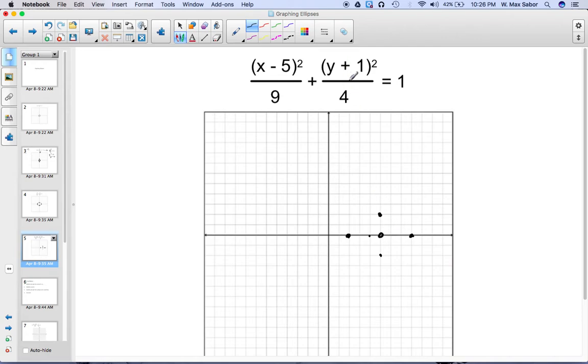But not even that, just that, because we have to move all of that down from the y plus 1. So 5, negative 1 is the center. That's what the negative 5 shifted it right. Positive 1 shifted it down. And now these 2 and these 3 give us the graph of our ellipse.